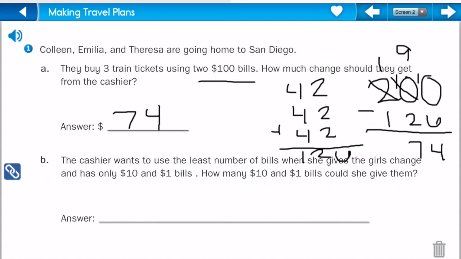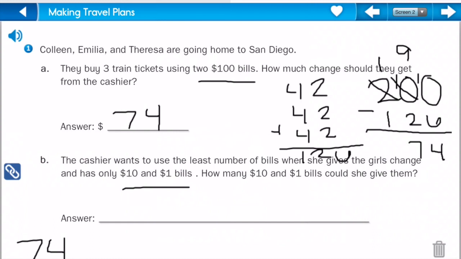Alright. So the cashier wants to use the least number of bills when she gives the girls change and only has tens and ones. How many tens and $1 bills could she give them? So now we're going to have to take our 74 and break it down into tens and ones. How many tens are in 74? Yep, that's right.